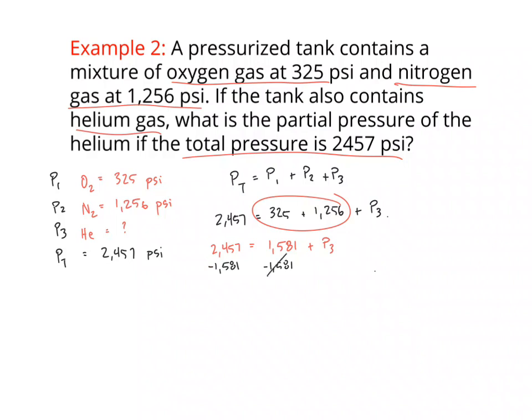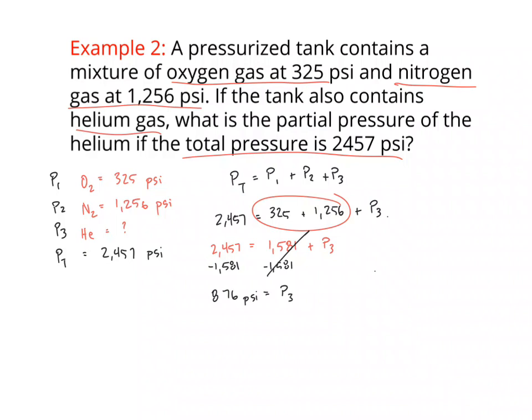So these cancel out. And I've got 2,457 minus 1,581. And I should get 876 psi is the value of helium, which is P3.